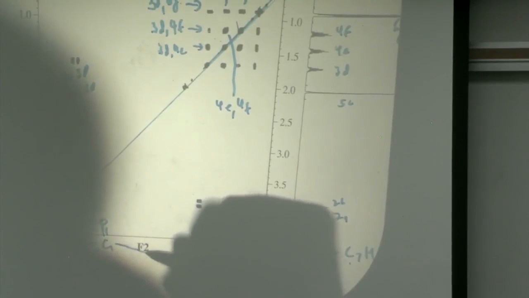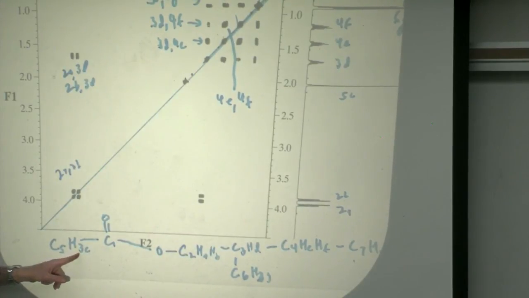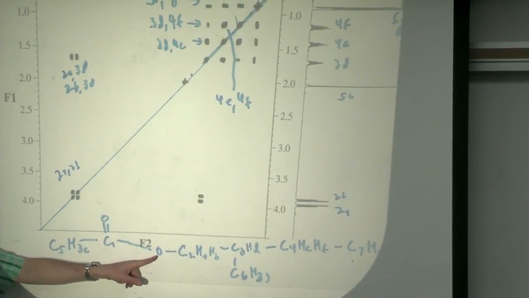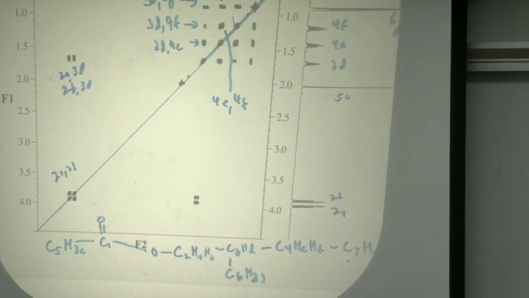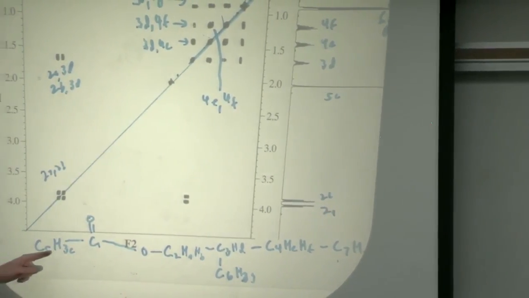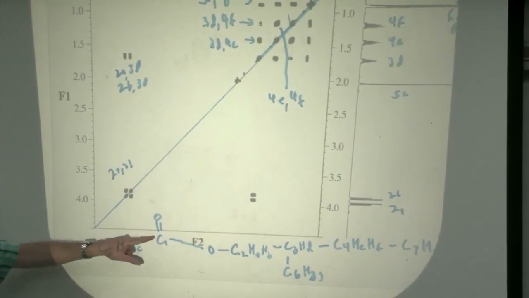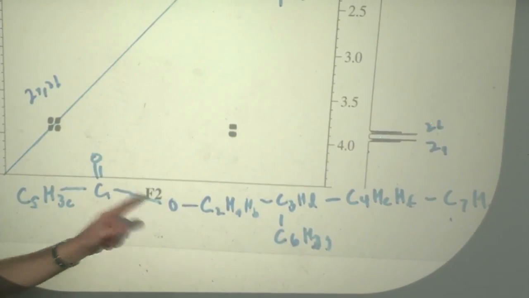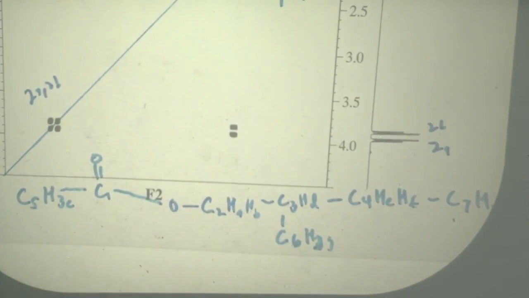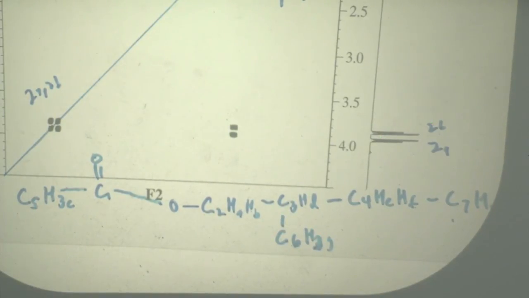We had 2 valences on the carbonyl that needed to be filled. We had a valence on C5H3C that needed to be filled. We had a valence on the oxygen that needed to be filled. The only way to put the molecule together was to connect that valence from C5H3C to C1 and the other valence on C1 to the valence on oxygen. And bingo, you have the whole structure systematically worked out.